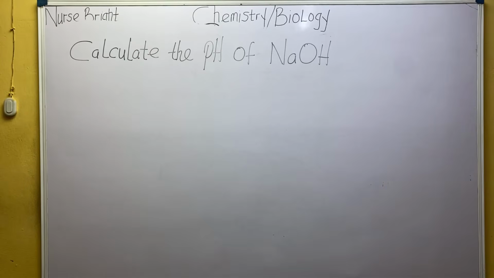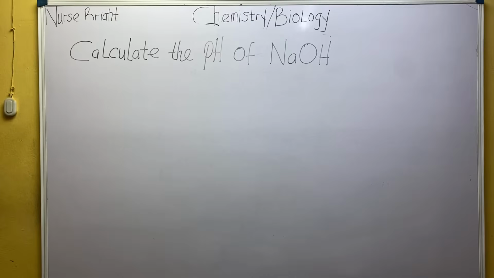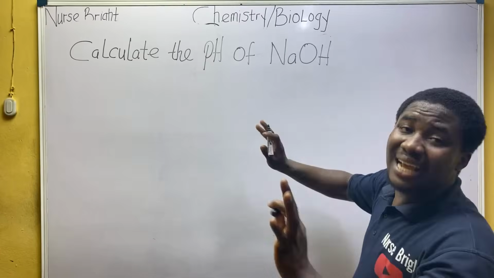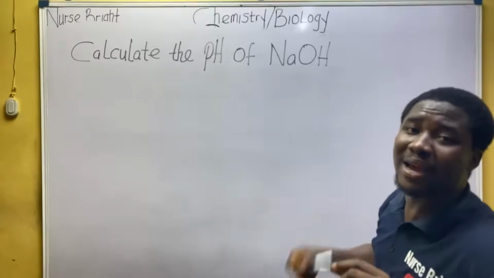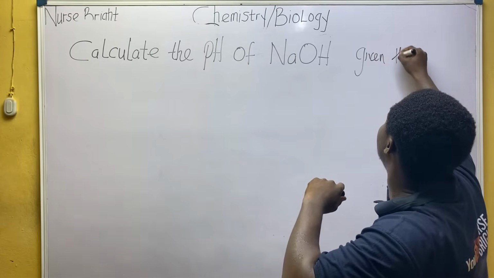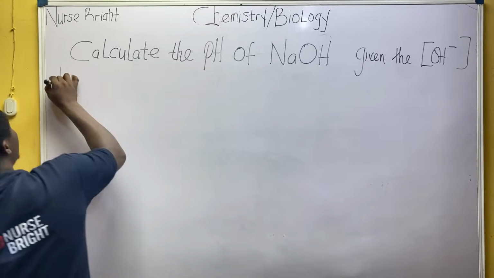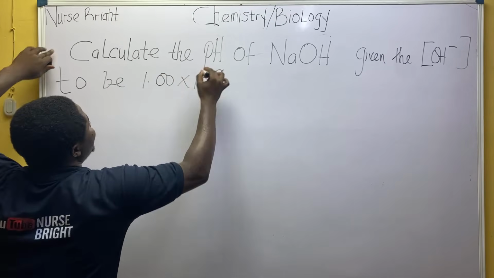But here pH deals with bases. So, calculate the pH of this compound, which is a base. As a student, you are supposed to recognize that sodium hydroxide is a base. Given the OH, the hydroxide ion concentration, to be 1.00 times 10 raised to the power minus 9.